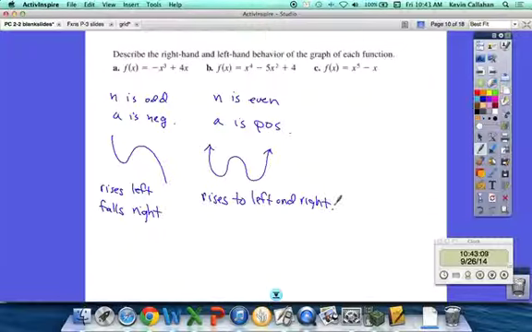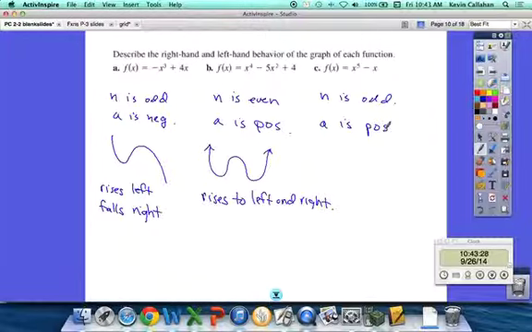And how about the last one? n is odd, and a is positive. This was odd and negative, and it rises to the left, falls to the right.